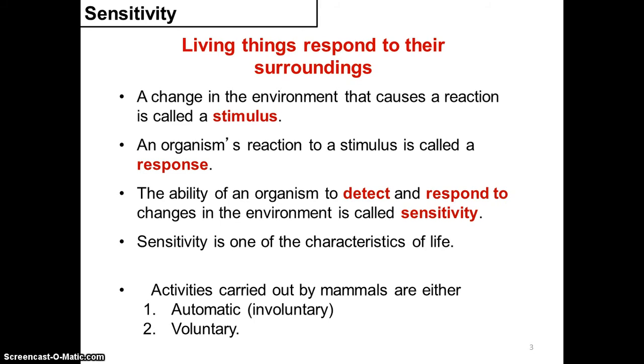However, for multicellular organisms like humans, we require communication between the cells to elicit a response to a stimulus. So for multicellular organisms, we require a specialized network to detect, process, and coordinate the response to the stimuli, in this case what we call the nervous system.